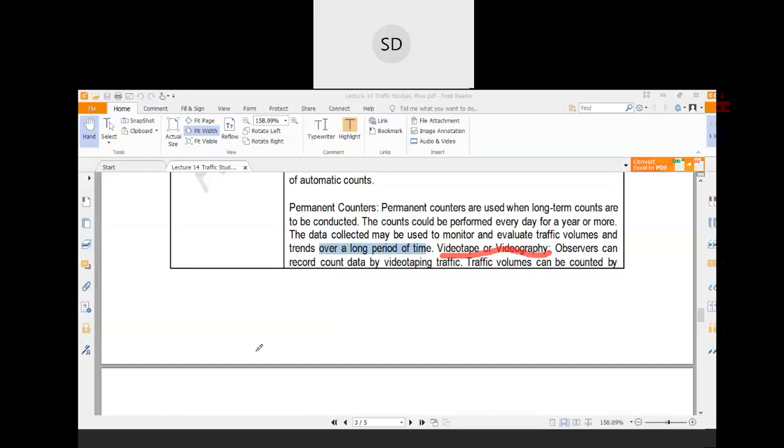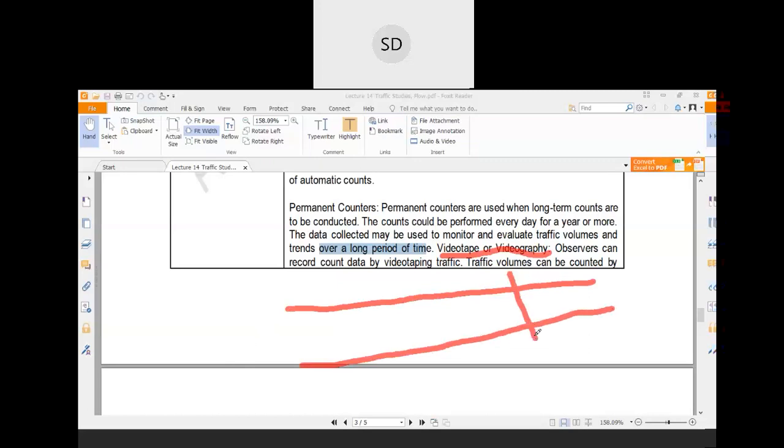In this method, suppose one road section is there, you place one marking crossing the road section and place one video camera over there. Whenever vehicles cross that particular section, all of it will be recorded on the video camera.